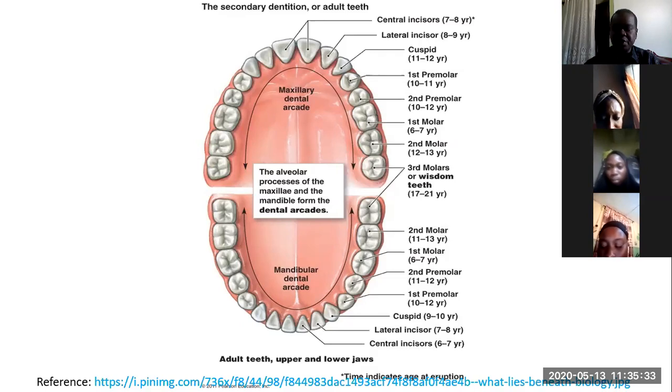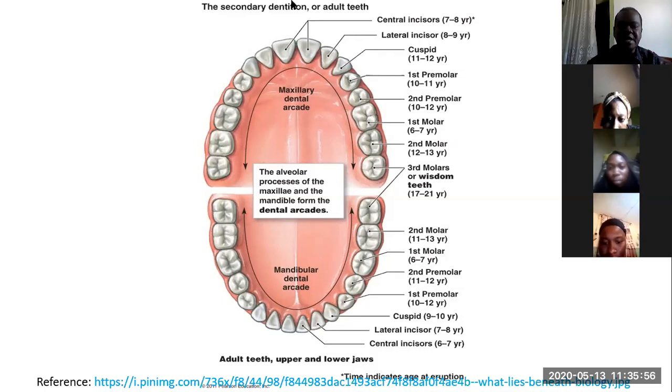But when you look at the posterior, in terms of size, they are more or less alike, except the first molar of the lower, which usually has a wider occlusal surface. So it's bigger than its counterpart in the upper arch. The upper is called the maxillary arch, while the lower is called the mandibular arch.